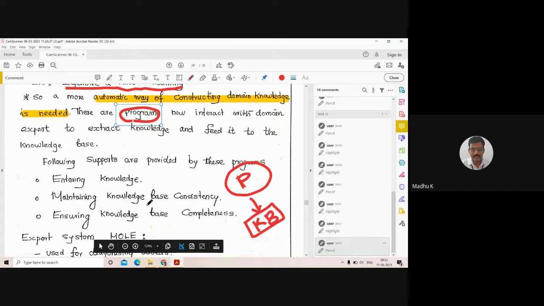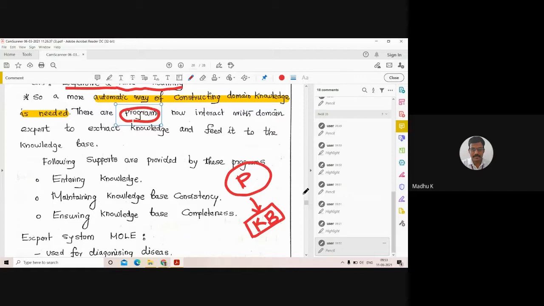Then, maintaining knowledge base consistency: it should update the knowledge base regularly. The last is ensuring knowledge base completeness. The knowledge base should be complete, and that is ensured by this program. So this is an automatic program that will do all these tasks, and the complexity can be reduced.